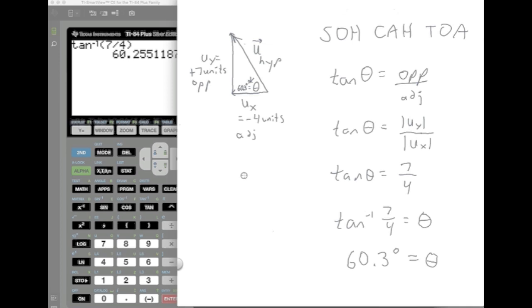Our Pythagorean theorem tells us that the length of ux squared plus the magnitude of uy squared is going to be equal to the overall magnitude squared. Here I'm using the symbol for magnitude.